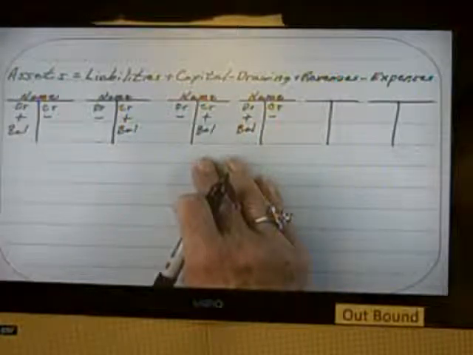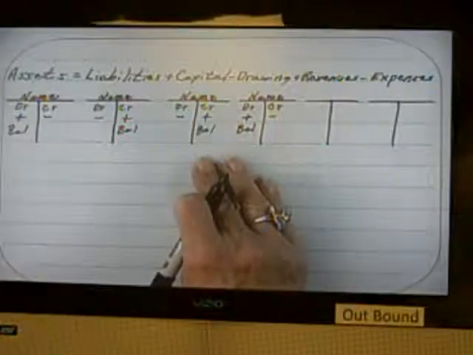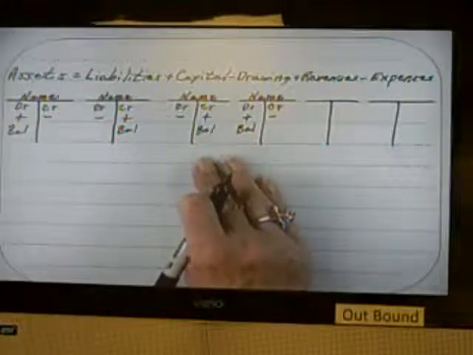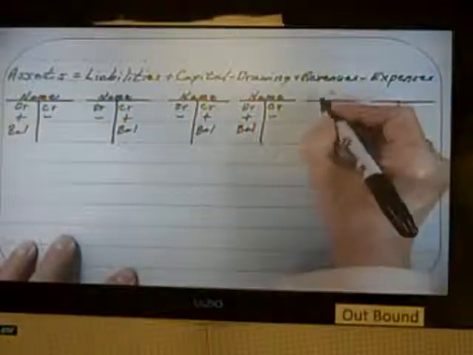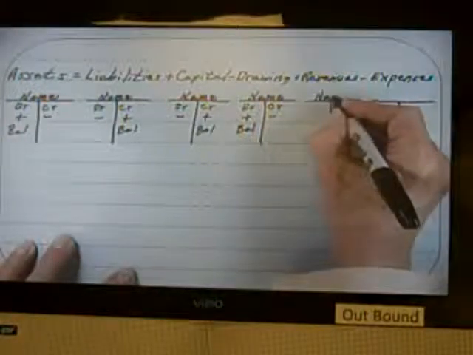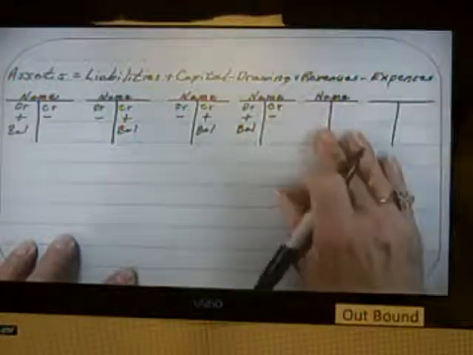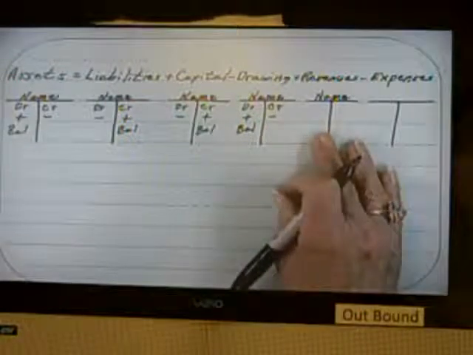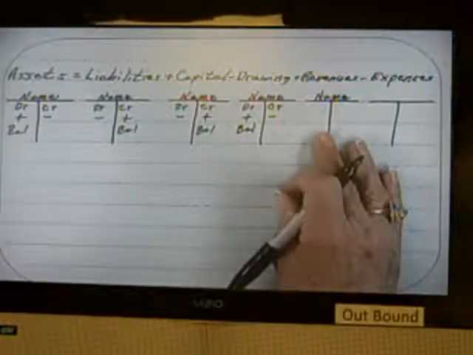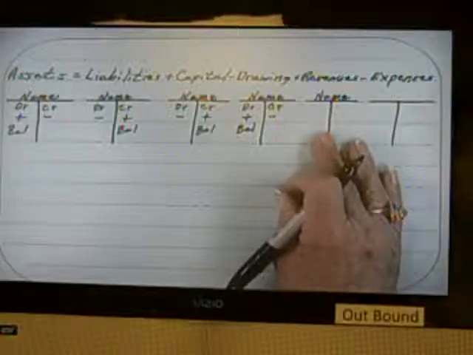All right, next category, revenues. Revenues are what we earn in our business. It's what we earn from doing day-to-day operations. So revenues, of course, all have a name. Revenue accounts should be named particular to your business.